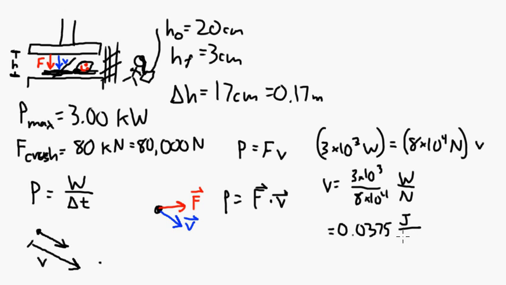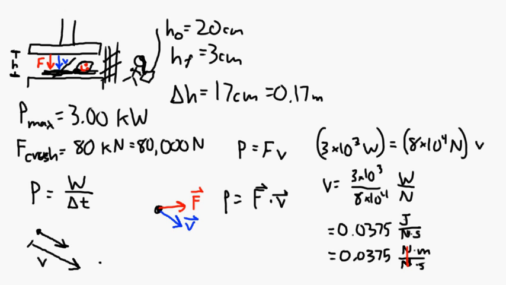And a joule is a newton meter, so we have newton meters per newton seconds. The newtons cancel out, and we just get meters per second.